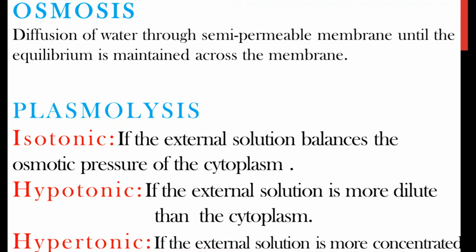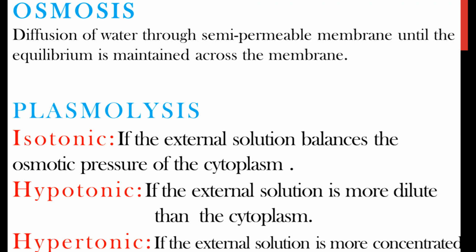Plasmolysis. The movement of water into and out of plant cells depends on the nature of the external solution. The external solution or medium is said to be isotonic if it balances the osmotic pressure of the cell or cytoplasm, that is, it has the same solute concentration as the cytoplasm.